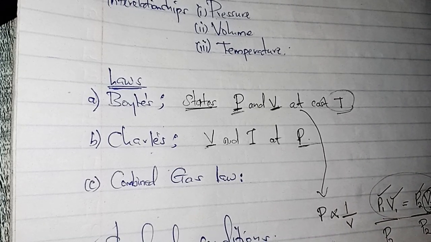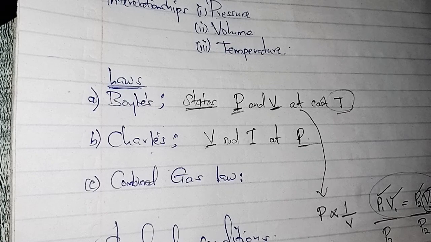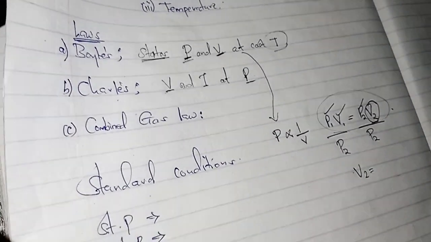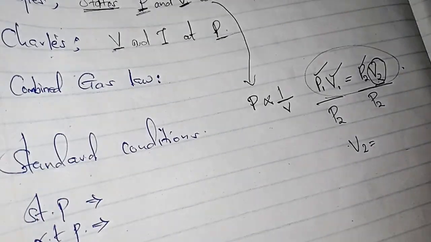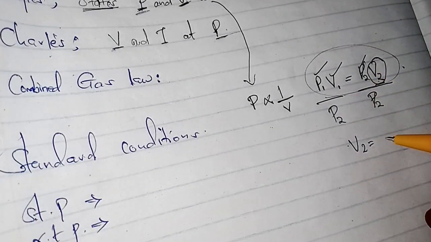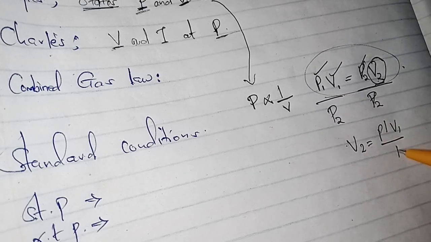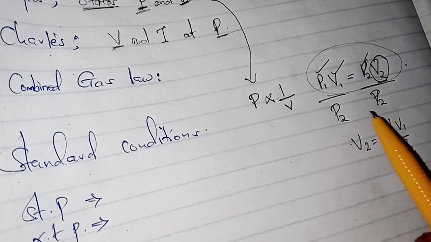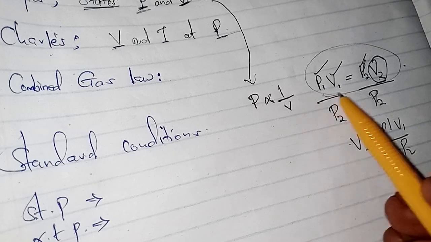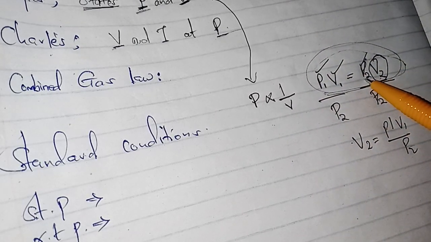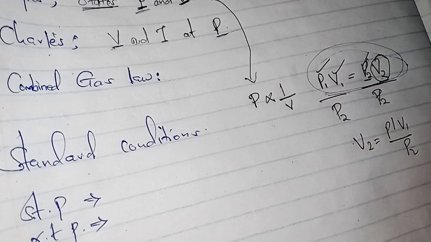Volume 2 is then given by pressure 1 volume 1 over pressure 2. Anything you are asked, as long as you have this formula, you just make it the subject of the formula.